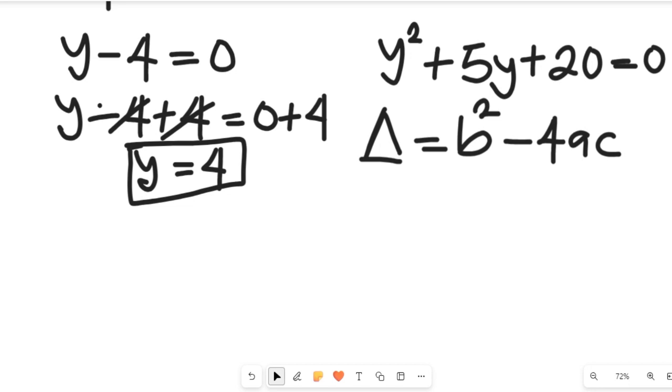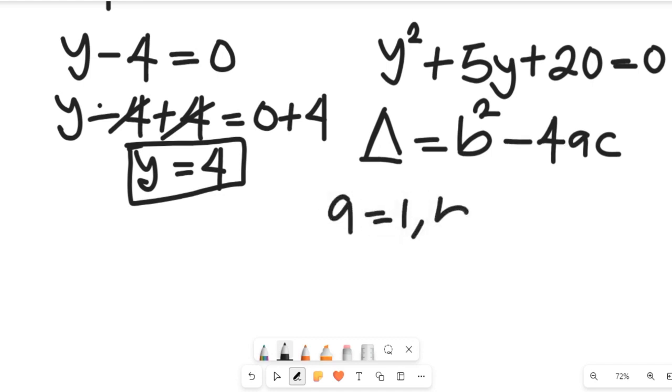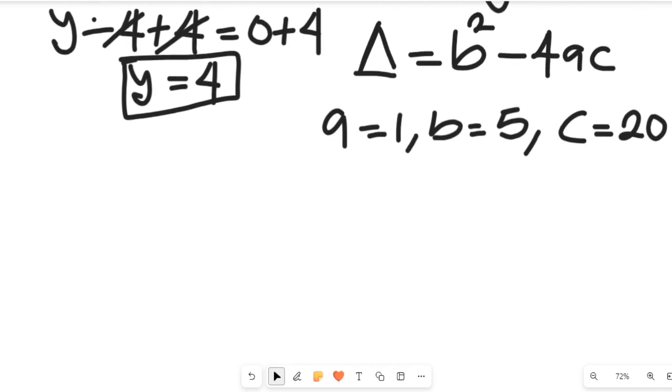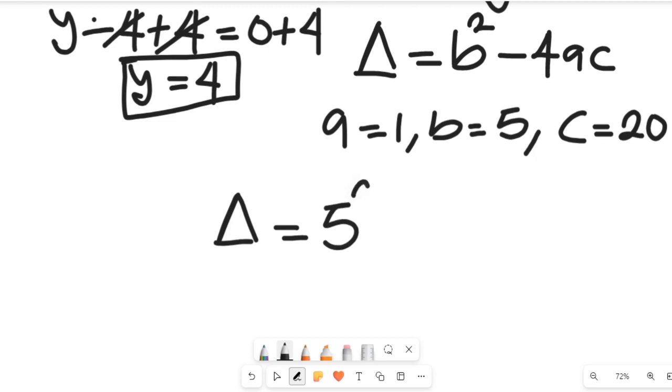Now to find the discriminant of this value, we'll find out that our a is equal to 1, our b is equal to 5, and our c is equal to 20. So if we substitute that into the expression, the value of the discriminant will now be equal to 5 squared minus 4 multiplied by 1 multiplied by 20.